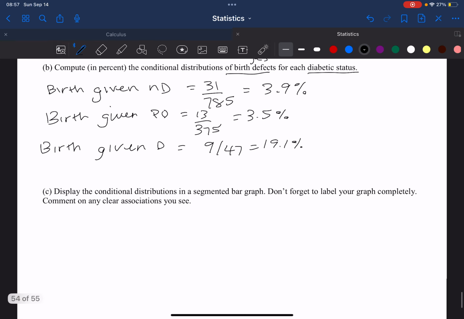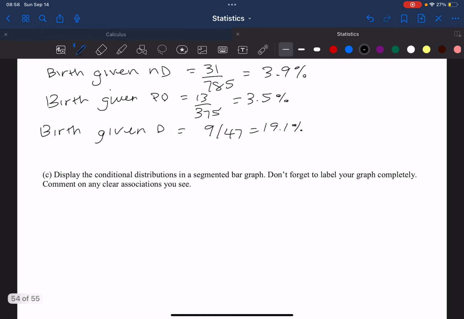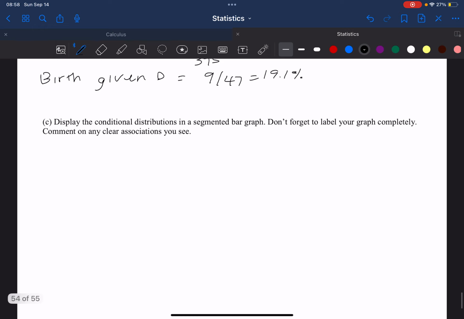Ultimately, what we're doing is we are creating our relative frequency table in order to create our segmented bar graph. So in this table, we have non-diabetic, pre-diabetic, and diabetic, and then we have no to birth defects and yes to birth defects.